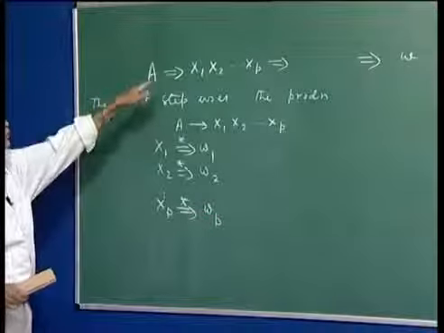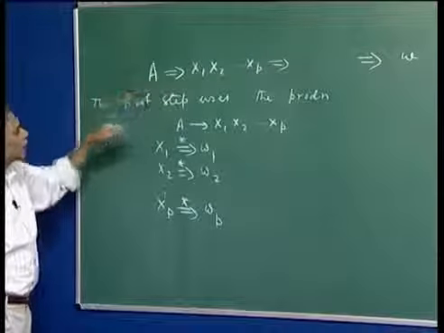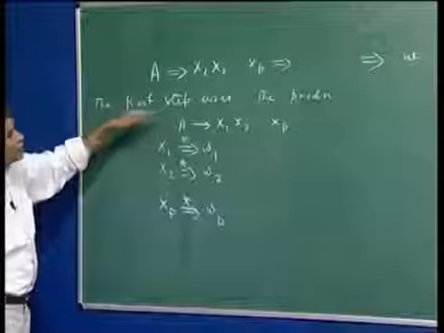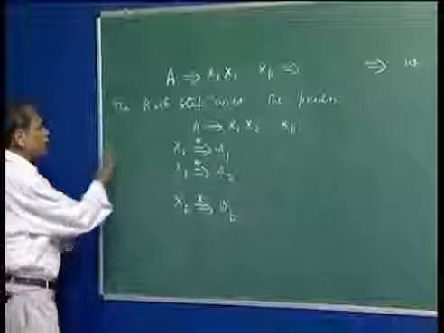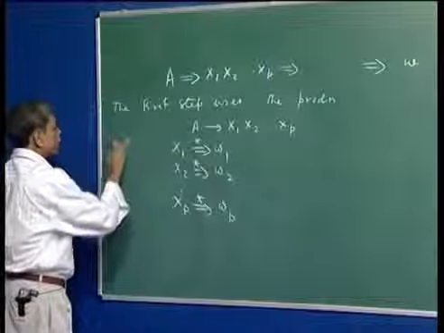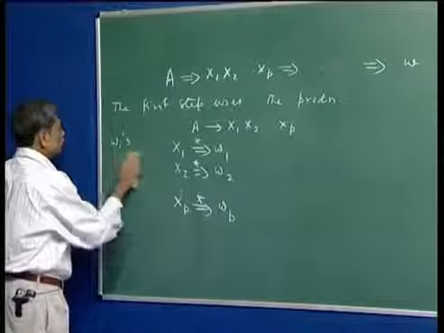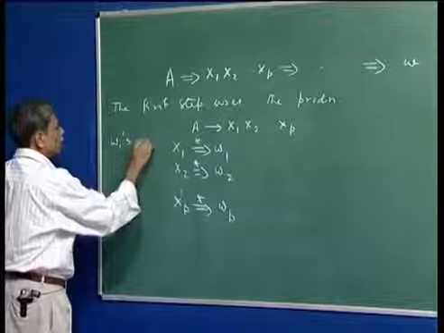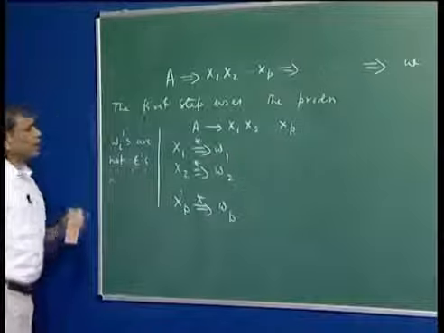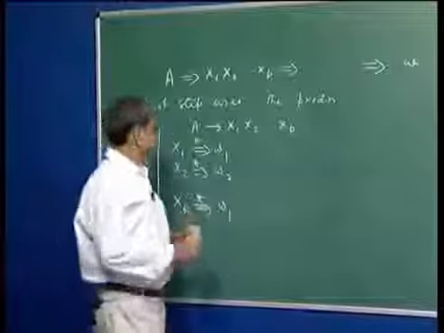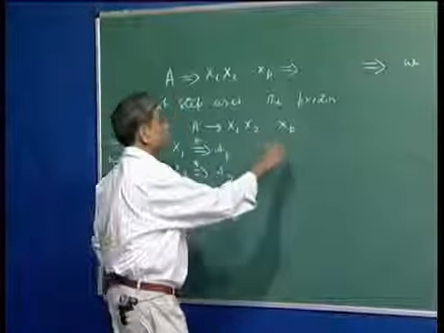Remember that nothing can give you epsilon in the grammar G1, so the Wi's are not epsilons. So this is a production in G1.